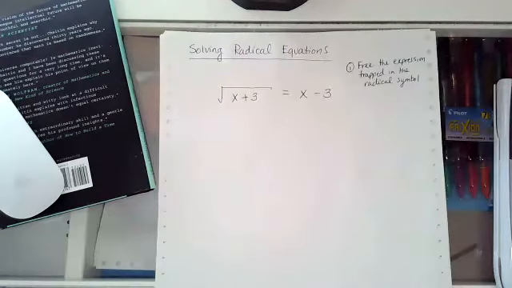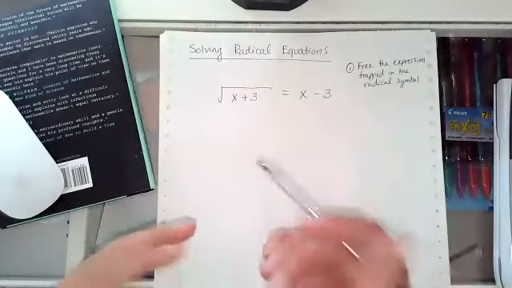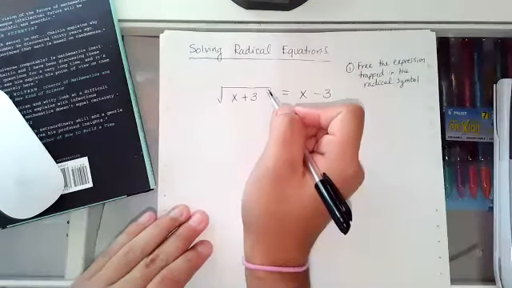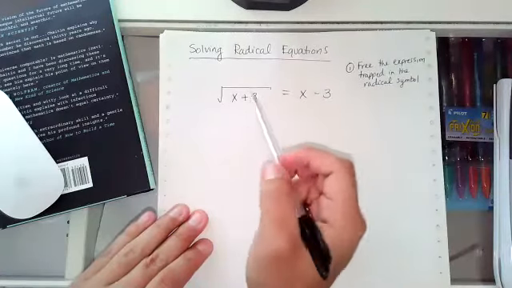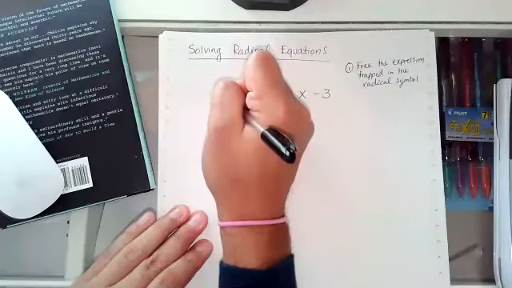Dividing by it. Well, you can't divide. You can divide by a number, right? But you can't divide by an operation. So you divide by the 2 since it's a square root? Well, you're on the right track, right? So we know that the square root has an index of a 2.